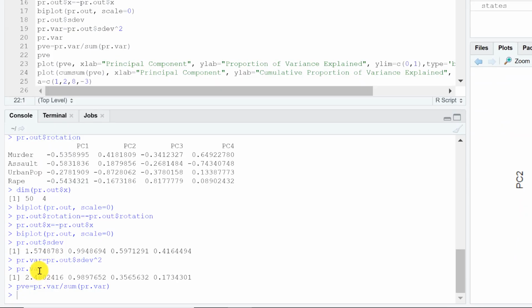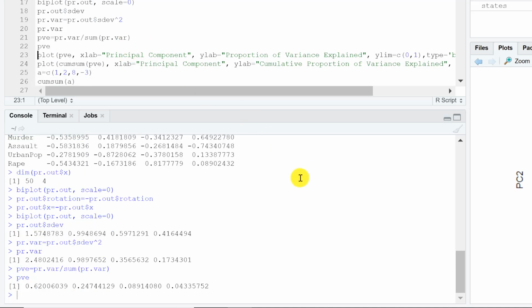And so here's the variance in the direction of each of those principal components. And PVE is these variances divided by the sum of the variances.